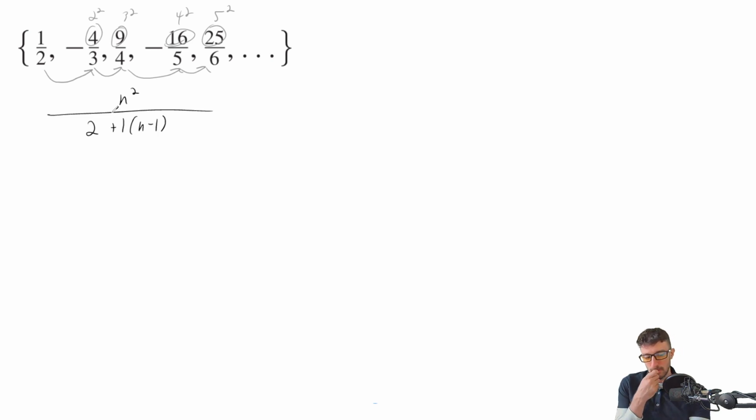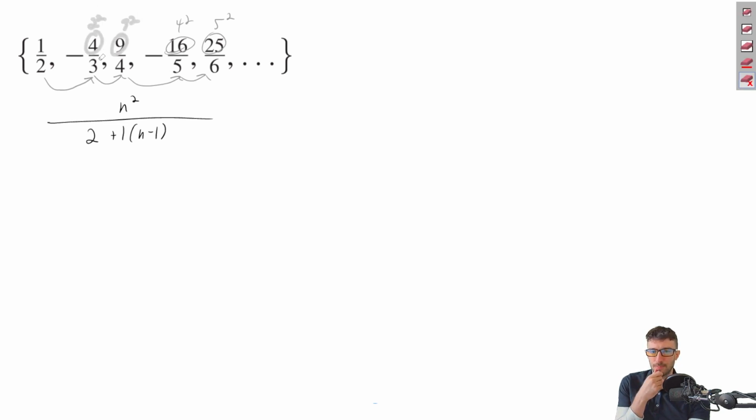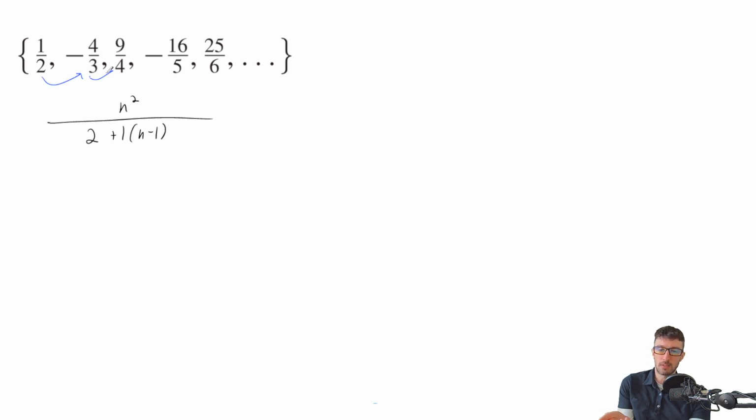But we've got to remember that there's also these negatives. And these negatives are coming as they're alternating. It's going from positive to negative to positive to negative. How do we take care of that?